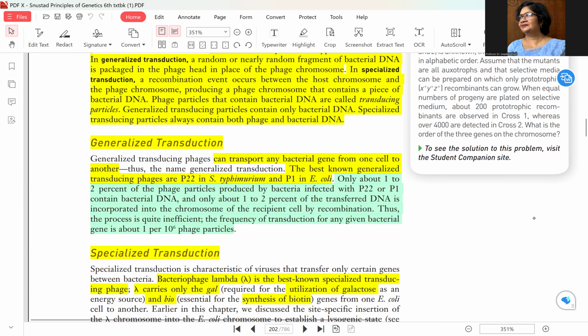In other cases, the virus can carry its own DNA along with some bacterial DNA. And this occurs only when the virus DNA integrates into the bacterial cell.